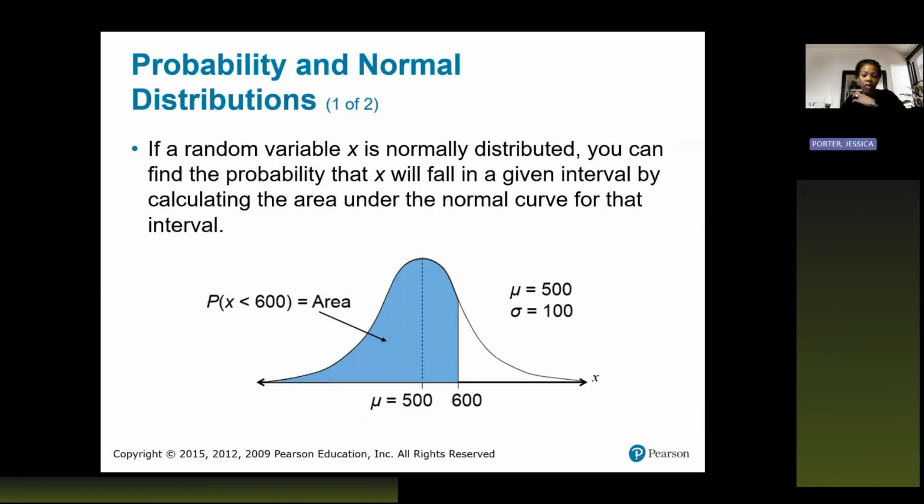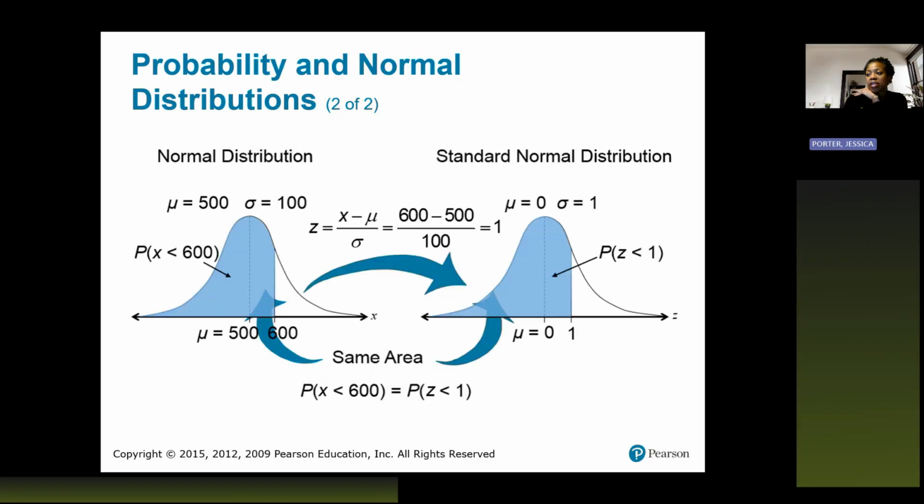All right. So 5.3 gets into actually finding the z-score, which we had discussed a little bit earlier. When we're finding the area, remember the mean was 0 and the standard deviation was 1. Now our mean is going to be a certain number and the standard deviation is going to be a certain number.